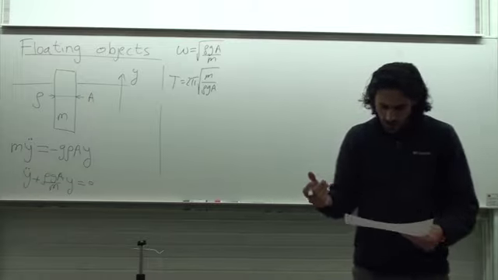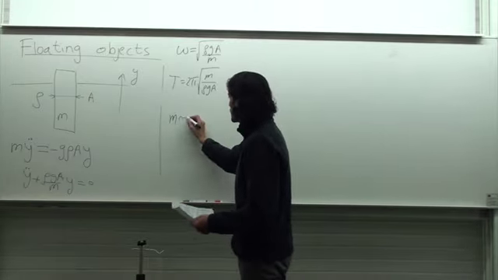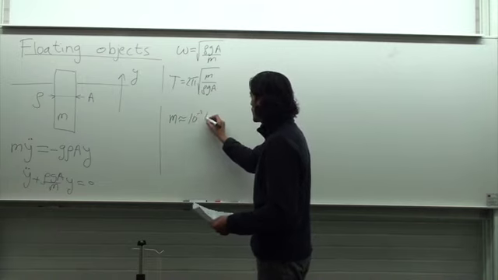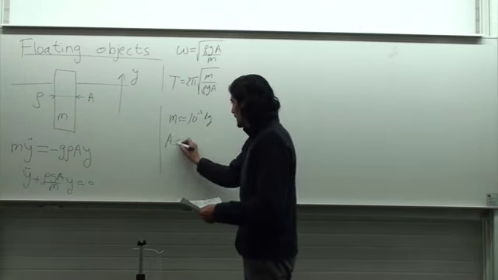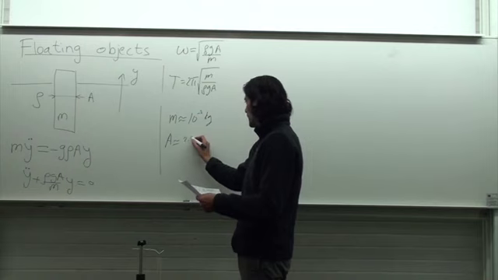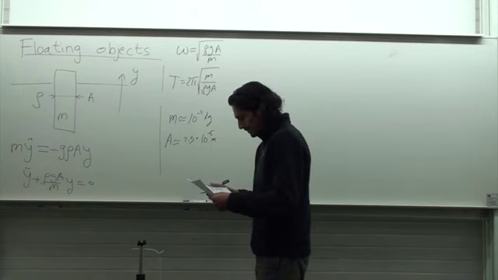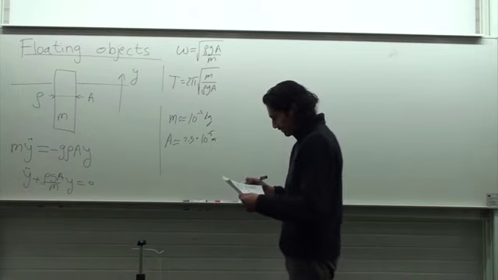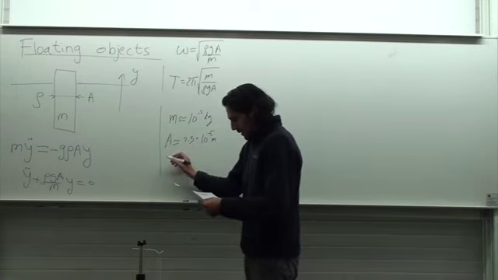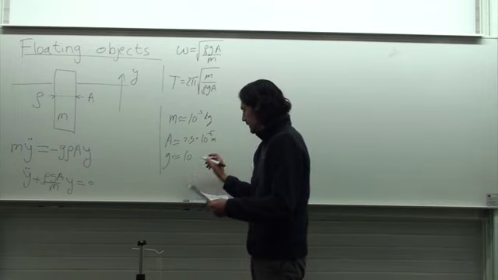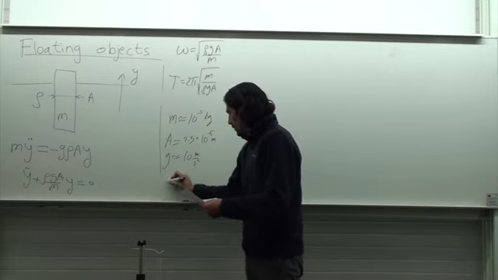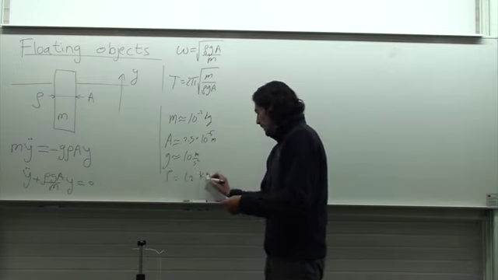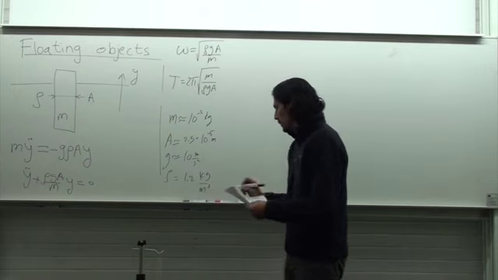If you take m, just to give you a feeling, to be 10 to the minus 2 kilograms, and a to be 2.5 times 10 to the minus 5 meters squared, g, let's take it 10, and rho is about 1.2 kilograms per meter cubed.